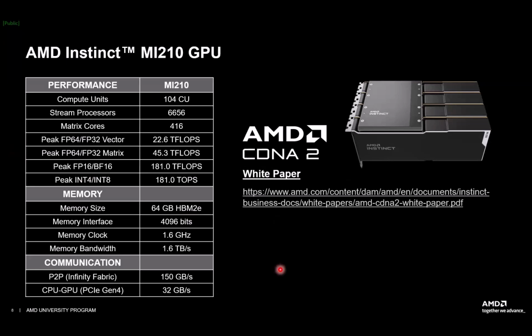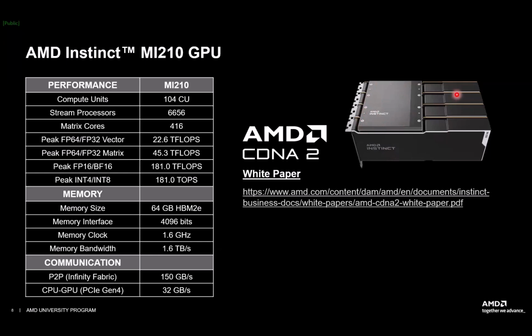Looking at the communication here, we have these four MI210 Instinct GPUs, and they have this plate. This is the Infinity Fabric or XGMI bridge card that connects these GPUs in an all-to-all. Each of the MI210 GPUs has 150 gigabytes per second of peer-to-peer communication bandwidth, and that's unidirectional.